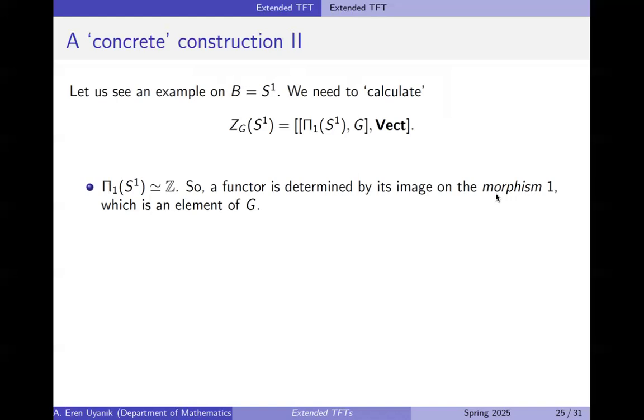But this has infinitely many objects. Yes, for each point in S1, you have a point. So you have infinitely many Z's, right? No, how do you do this? This is just pi1 of S1, the normal pi1. Yes, and this is just Z. So how many objects does pi1 of S1 have?